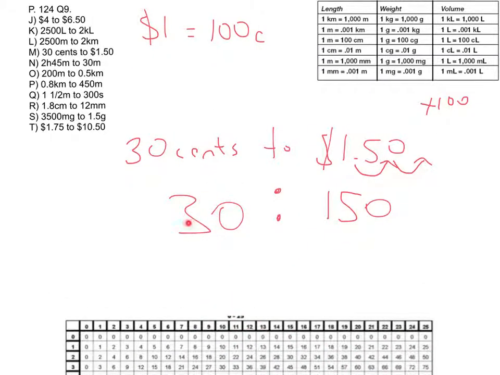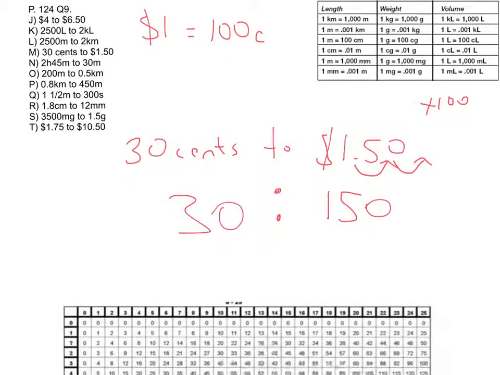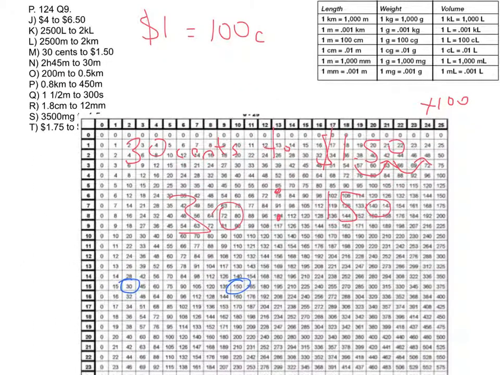But let's just assume that you don't know that. Not a problem. So you go back to the times table and you see that, okay, so 30 and 150 is in the multiples of 15. That means 15 will definitely go into both these numbers. So 30 divided by 15 is 2, and 150 divided by 15 is 10.